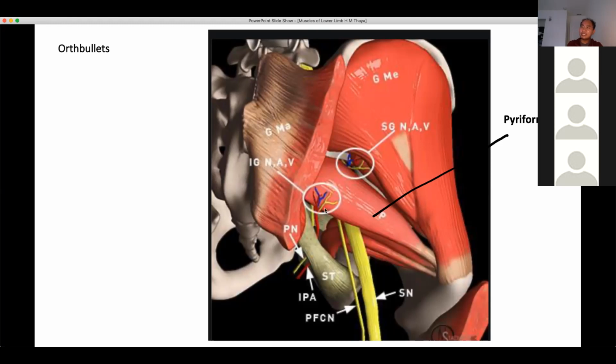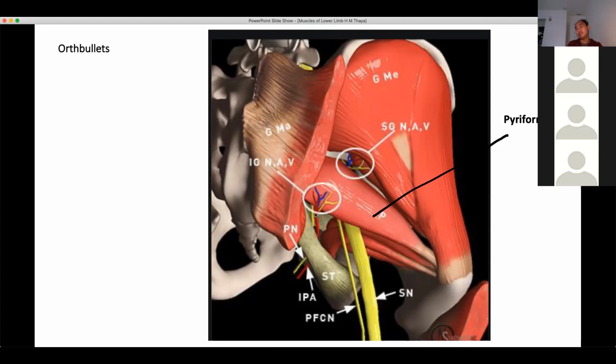This inferior gluteal nerve is going to supply the gluteus maximus, and the superior gluteal nerve, which is above the piriformis, will give nerve supply to the gluteus medius and minimus muscles. Because it is above the piriformis, it is closer to the gluteus medius and minimus.